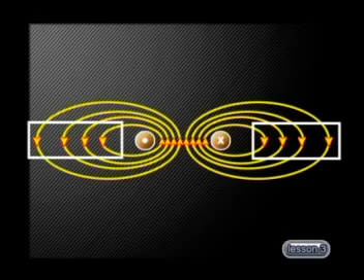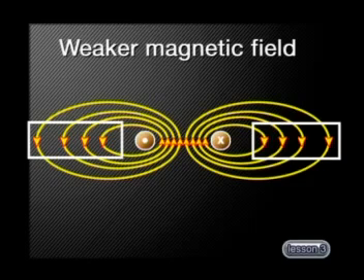Now look at the magnetic field on the outside of the loop. Here, the magnetic field direction is the same on both sides of the loop, but points in the opposite direction to the field inside the loop. Also notice that there are fewer field lines here than inside the loop. So here the magnetic field is weaker than it is inside the loop.